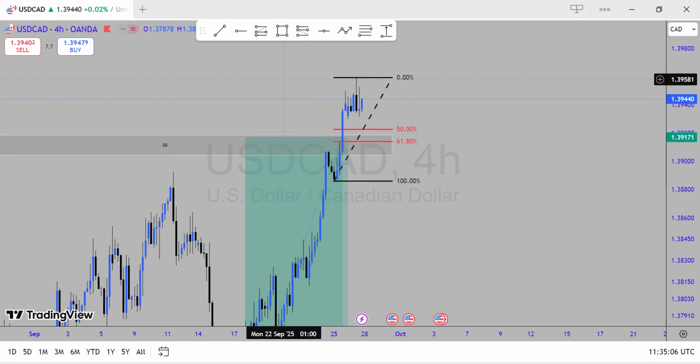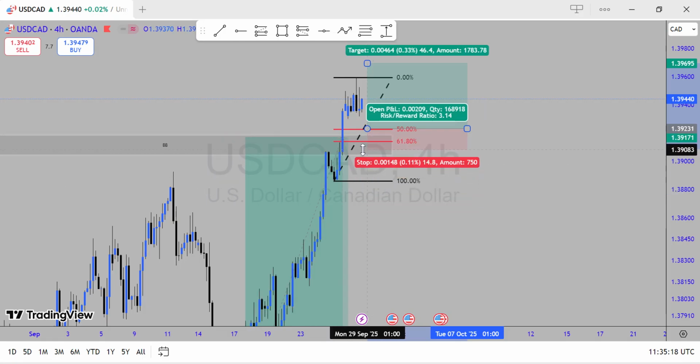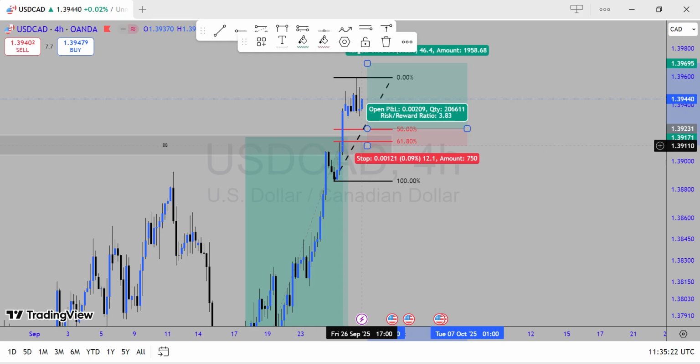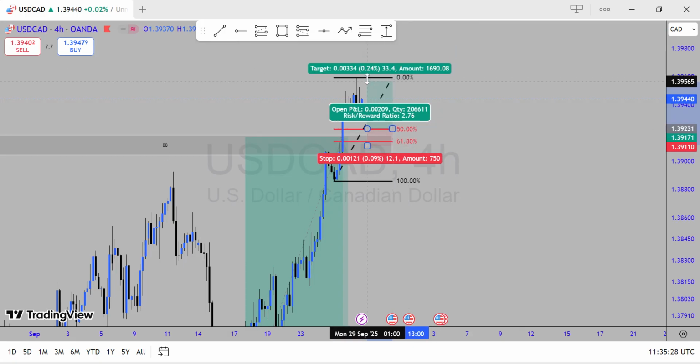So I will take an aggressive entry, or set a limit order on the 50%. You can also take it at the center, but I'll take it on the 50%, and my stop loss will just be right below the 61% retracement point, and then I will continue the buy.